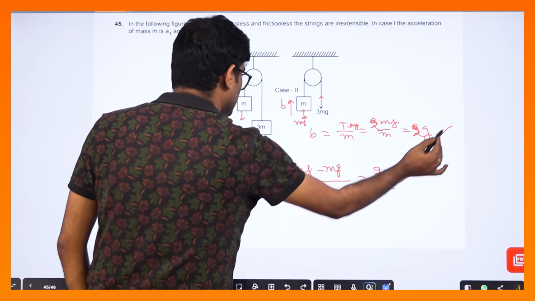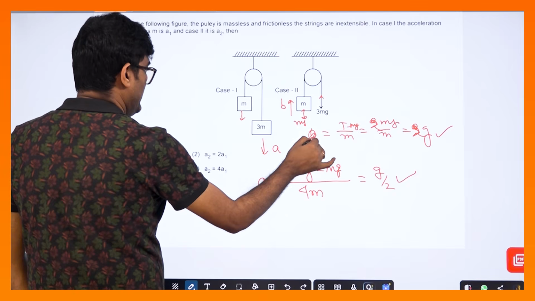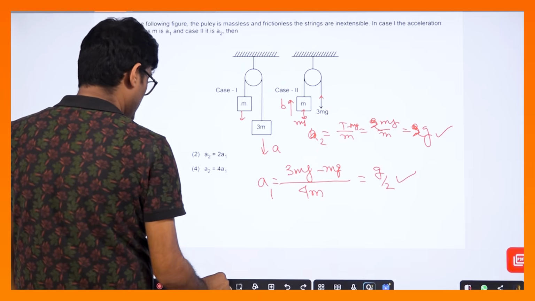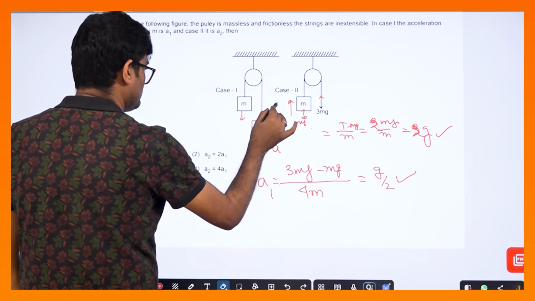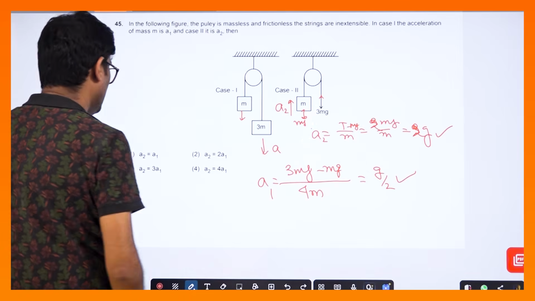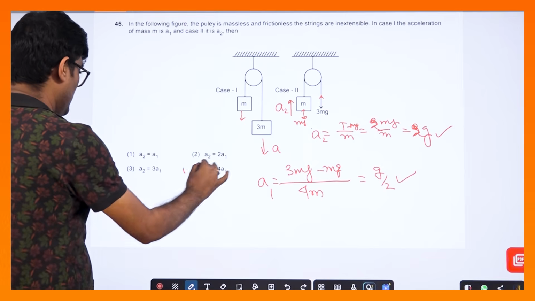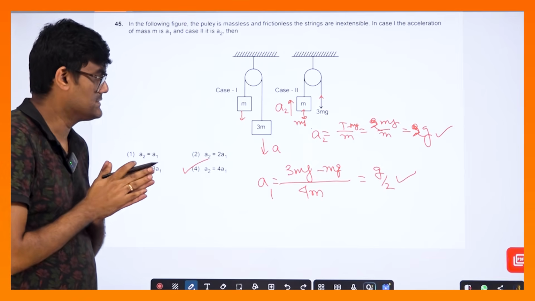This is a1 and this is a2. So the question is that a2 is equal to 4 times a1. That should be your answer. A2 equals 4 times a1. Directly you can get the answer.